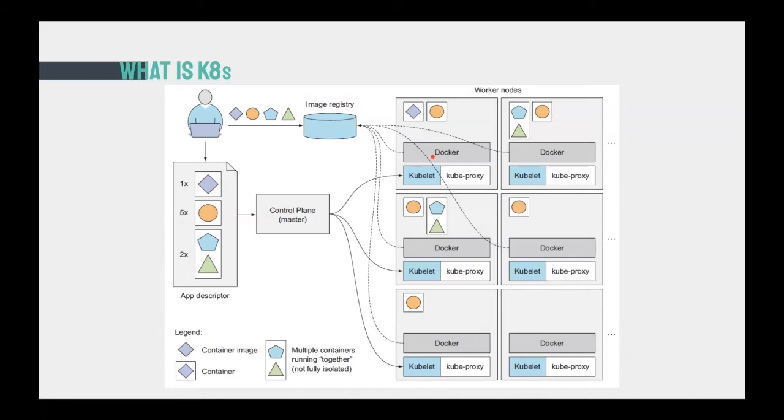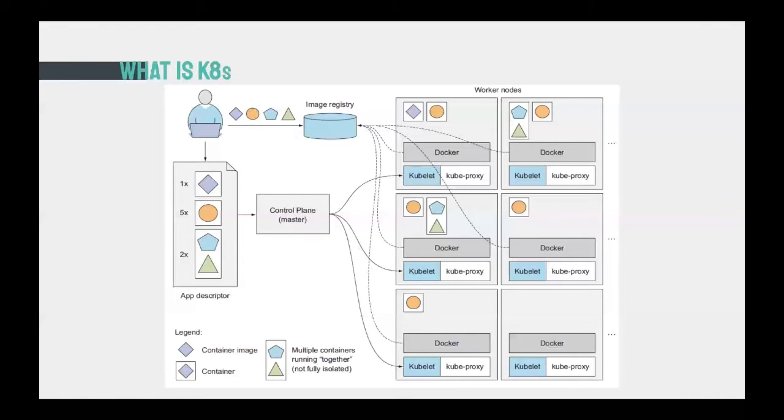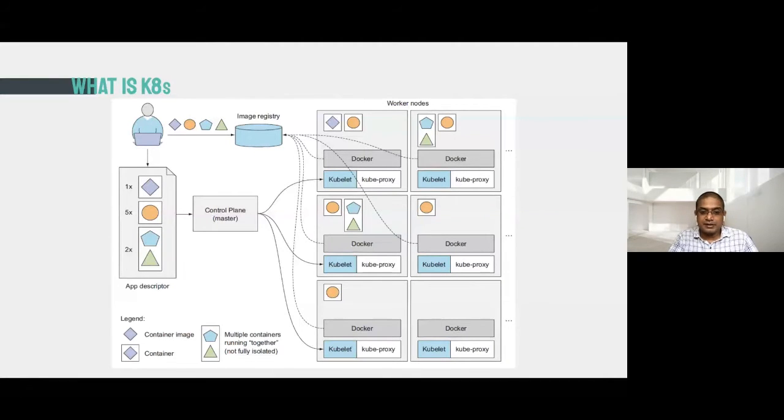You will get to know more of these things when we go into the practical aspect. And the other component pulls down all our images from the hub and runs them on the worker node. In the practical aspect of this session, I will explain how we can get it done.